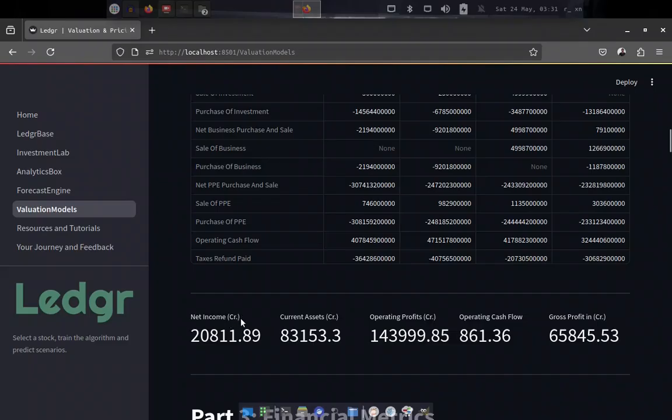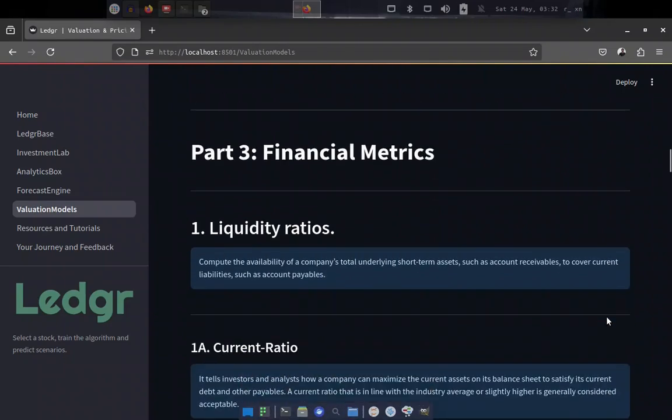The second is the amount they hold in current assets, what their operating profits are, what their operating cash flow is, and what their gross profit in crores is per annum. The final part is the financial metrics part. Here there's a little work left to be done, but it'll be done as soon as possible.